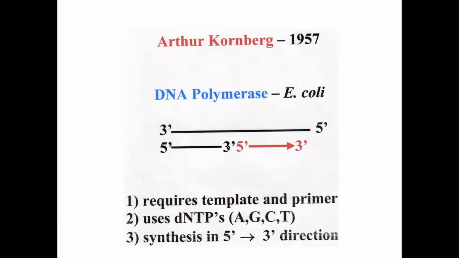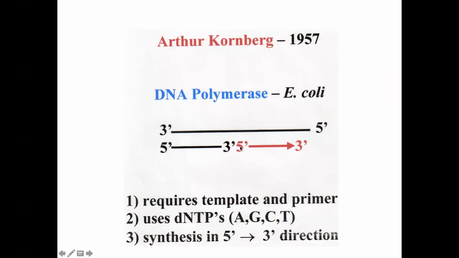When this primer is positioned on the template, you have a region of double-strandedness and single-strandedness. The enzyme can recognize that juncture, read the single-stranded template, which tells it which sequence of nucleotides to incorporate into the newly synthesized strand, and then synthesize that new strand of DNA by adding nucleotides one by one to that 3' end.